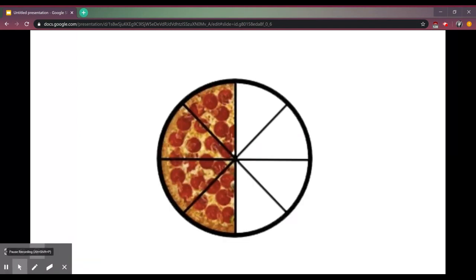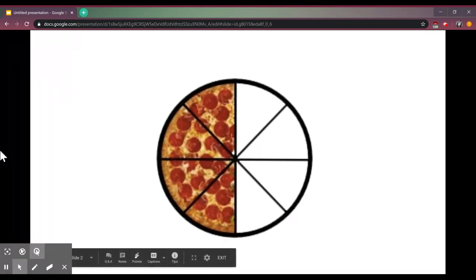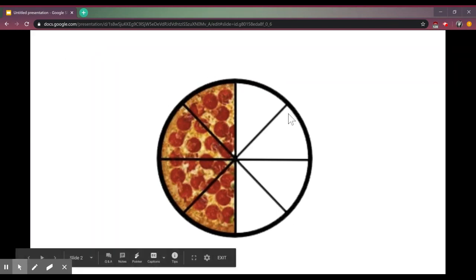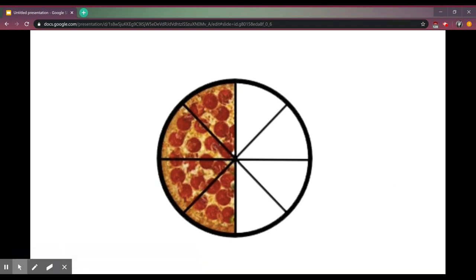So when we talk fractions, it's fun to think about it in the way of a pizza. When you have a pizza, you originally have your whole circle of pizza, and it's cut into slices. Now when we think about fractions, we can relate what a fraction is to what a slice is in a pizza.